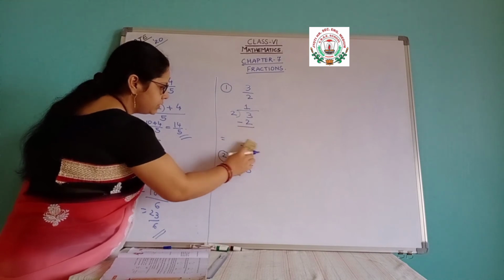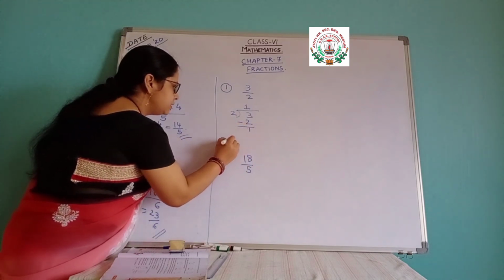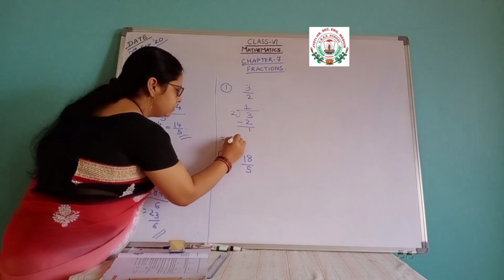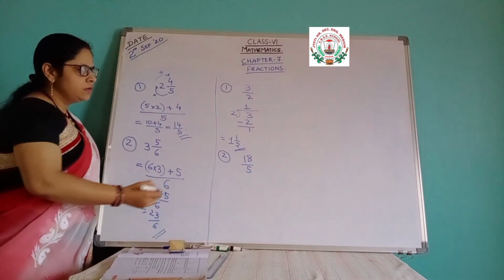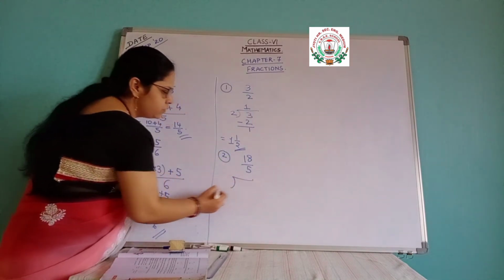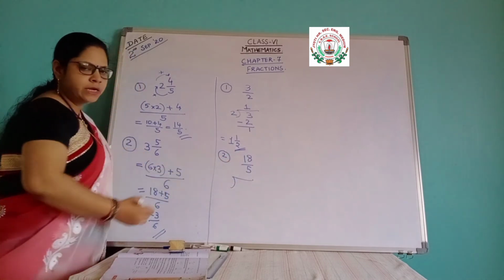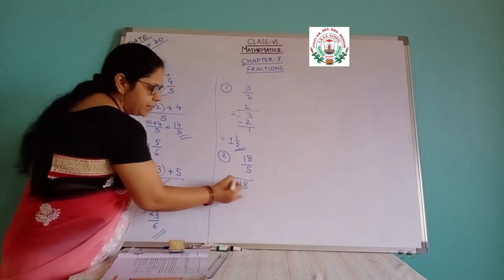Little confusion here. And answer is 1 by 2. This is your answer. Now this is 18 by 5. Again the same thing. Do division. Which number will be written in the dividend part? Numerator will come in the dividend part.